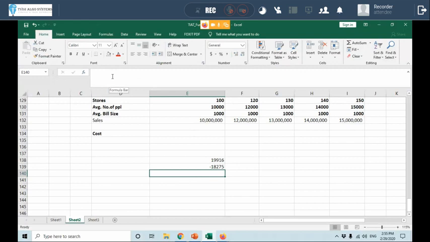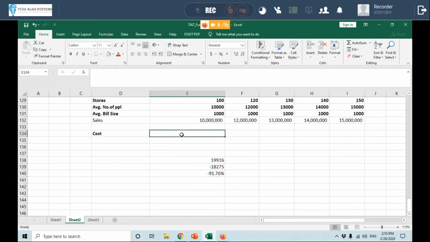I want to arrive at my EBITDA figures. So what is this percentage? This divided by this. Whatever amount is left, that is my EBITDA margin. So 91.76% is my cost.